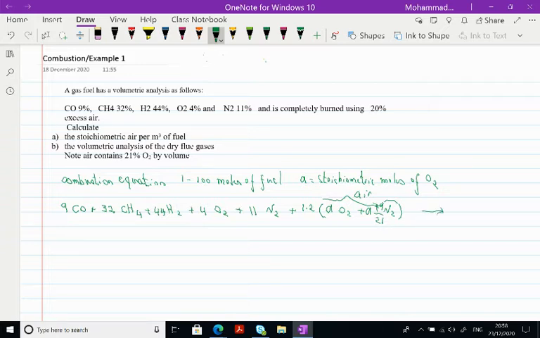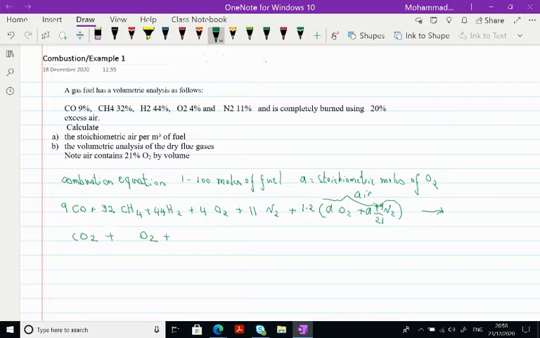So on the right-hand side, we have got combustion products. We know that for the complete combustion of carbon, we are going to have CO2, plus, we have got excess air, so definitely we are going to have O2 in the exhaust product.